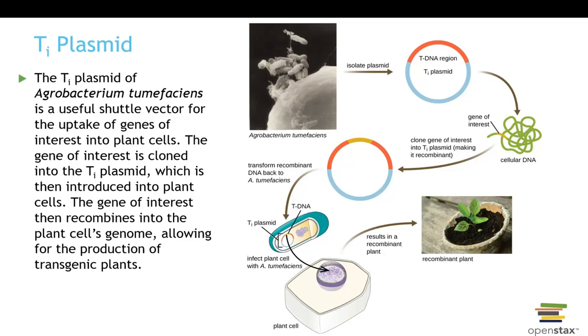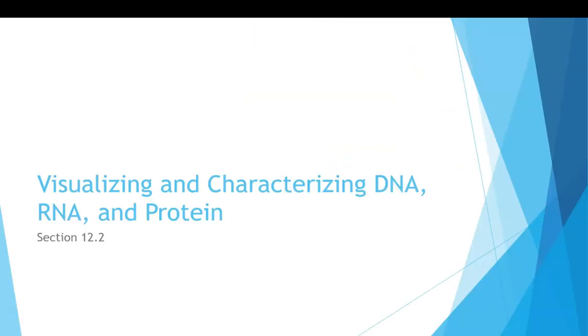So it's another common technique that they use for making transgenic plants. Now hopefully you have a better idea about how we can introduce recombinant DNA into eukaryotic cells. The next part, we're going to talk about how we can visualize and characterize DNA, RNA, and protein.